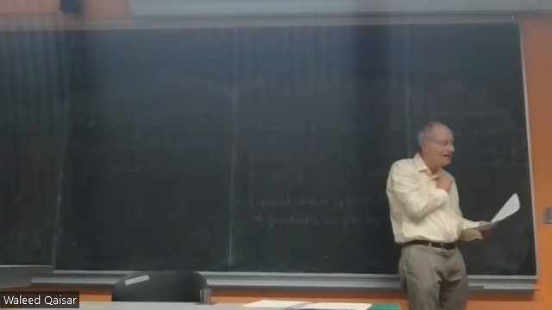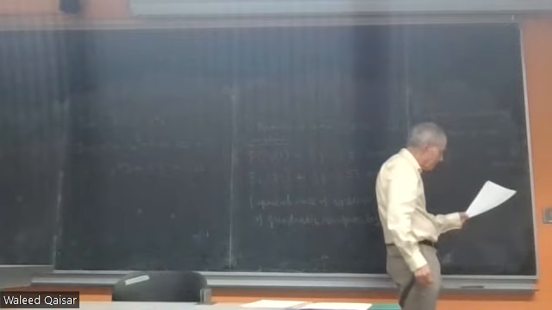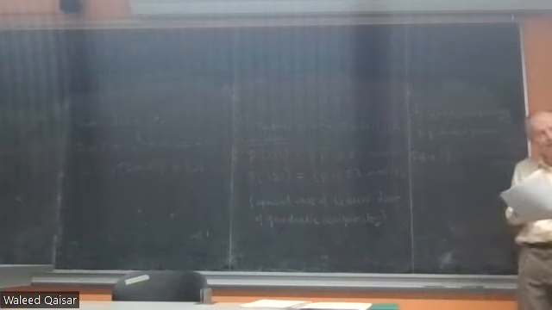You want a quadratic congruence x squared congruent to Q mod P, for some x. Yes, x squared is congruent to Q mod P.